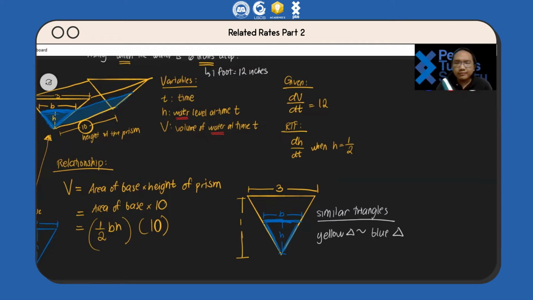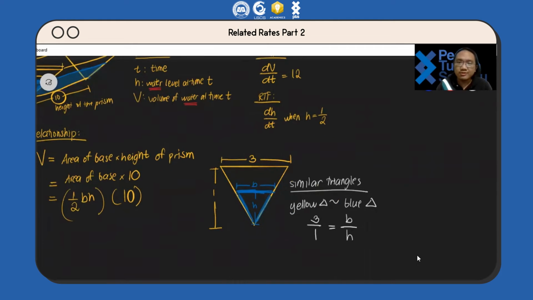The base of the yellow triangle is 3, the height is 1. The base of the blue triangle is B, the height is H. So they form a proportion, the ratios are equal. We cross multiply, so 3H is equal to B. And here we have a nice equation that we can use now to simplify this.